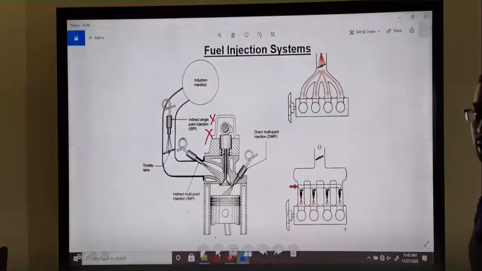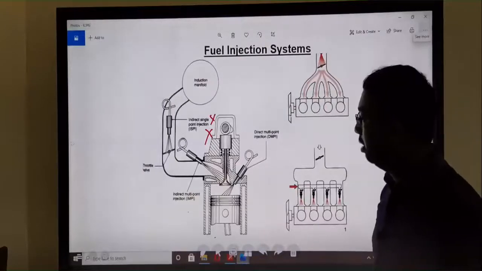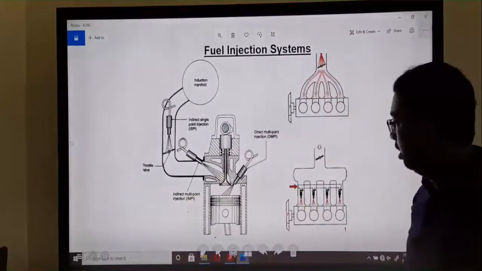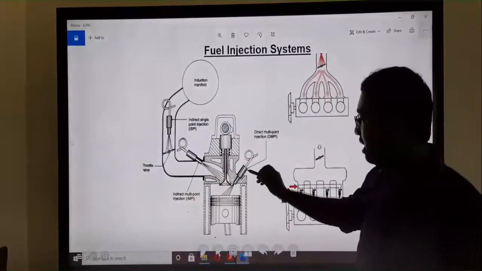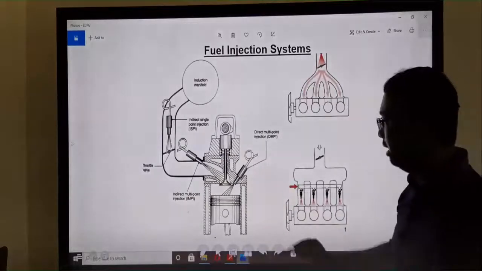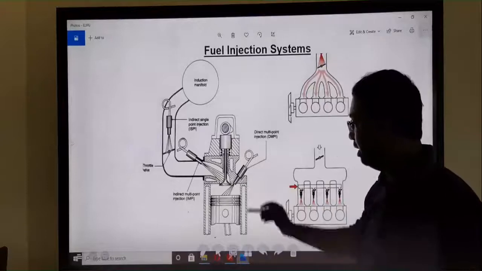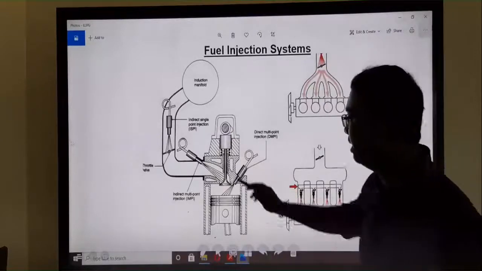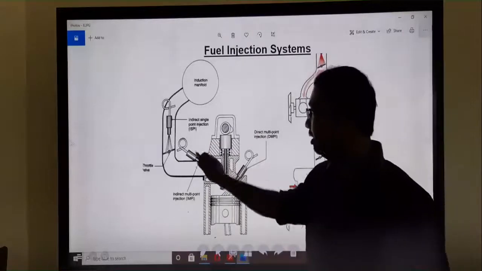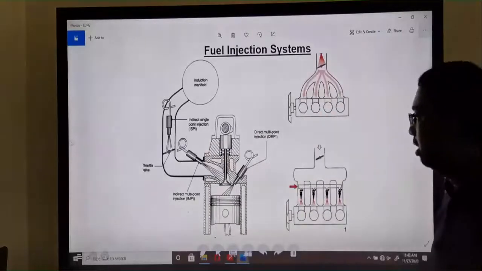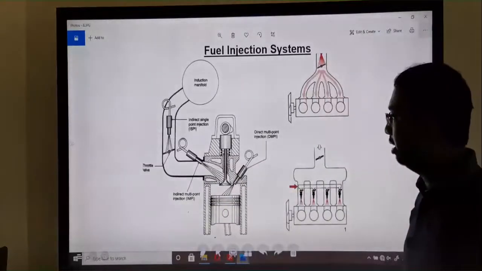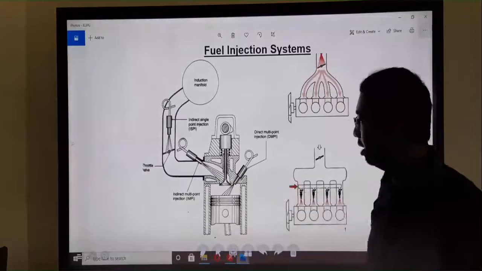You can see these injectors inject inside the cylinder chamber, so this is called direct. But with these, the injectors inject the fuel into the manifold, this is the head, then inject into the manifold. So these two injectors are called indirect, but here that is direct.